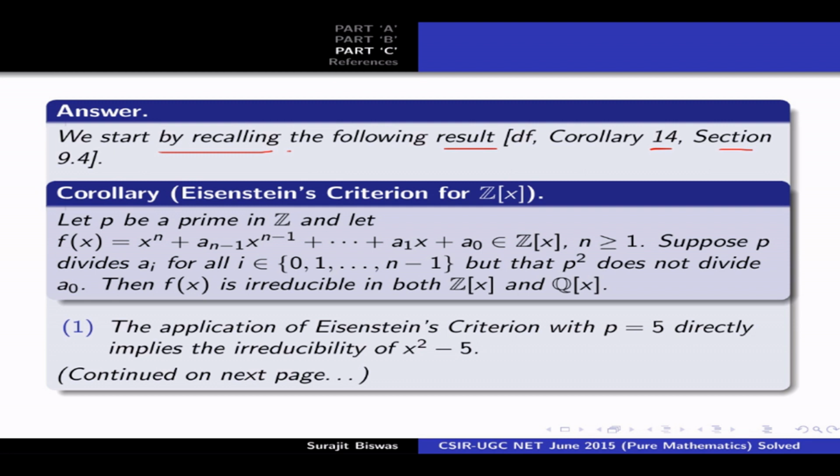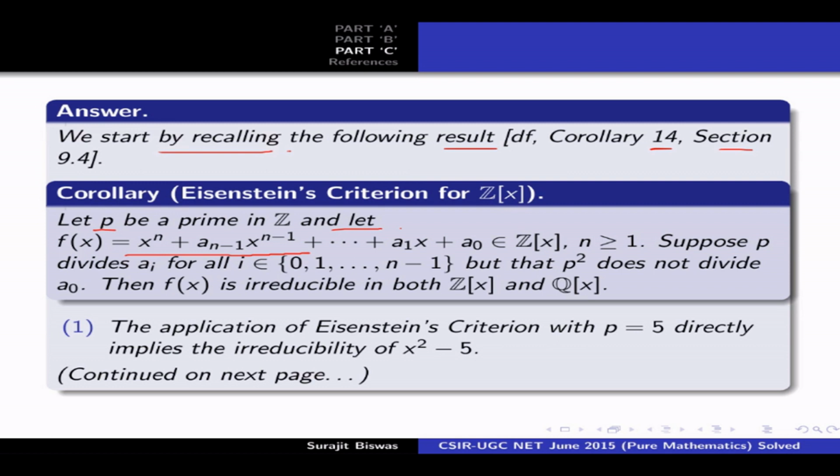This is Eisenstein's criterion basically. Okay, so let me read it out. Let p be a prime in Z and let f(x) = x^n + a_{n-1}x^{n-1} + ... + a1 x + a0 in Z[x], n bigger than or equal to 1.